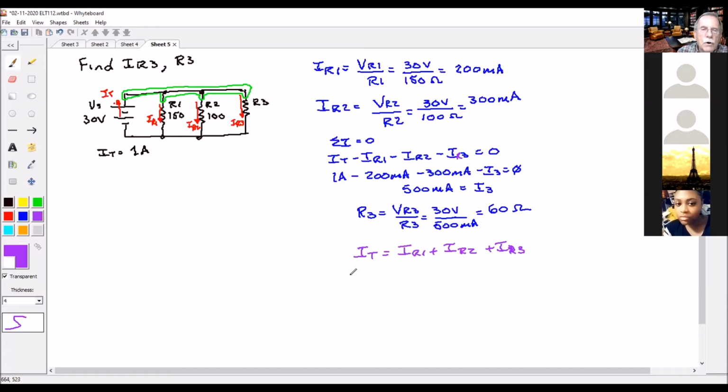So we'd have over here, 1 amp is 200 milliamps plus 300 milliamps plus I sub R3, giving me an I sub R3 of 500 milliamps.